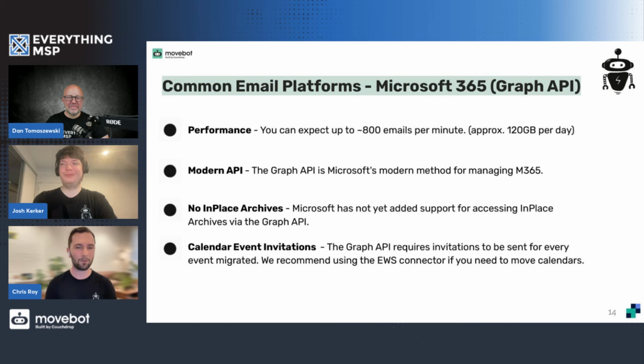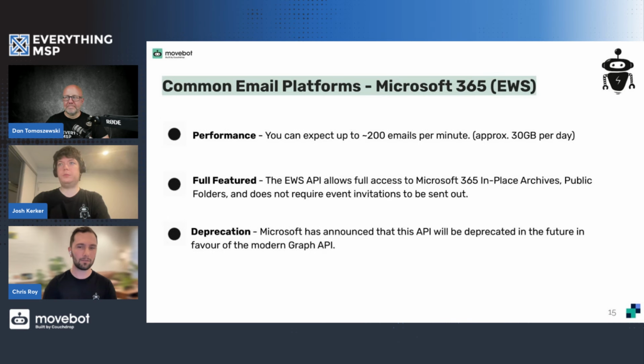So if you're doing any kind of calendar migration, we recommend you use the EWS connector, and we'll touch on that. This is just a brief overview of where things are going to be slowly transitioning to in the future.